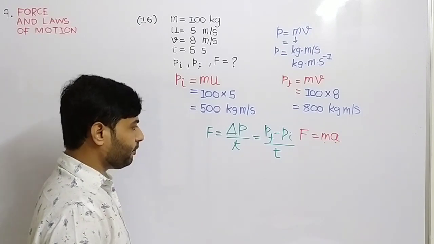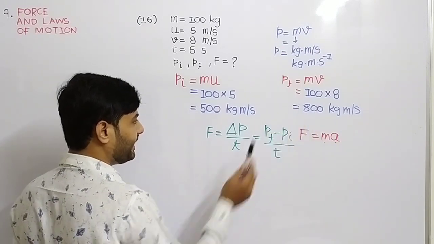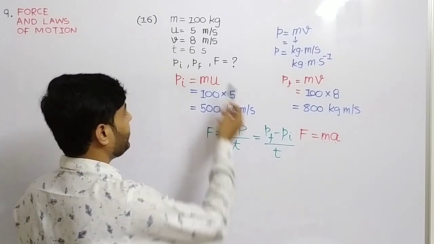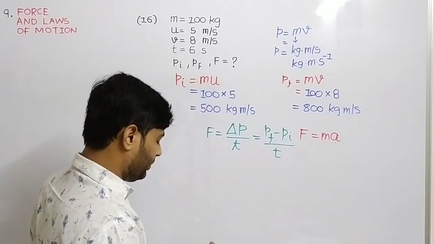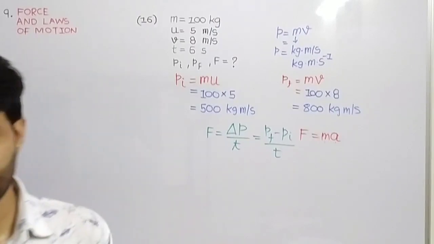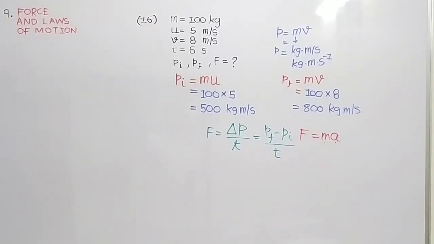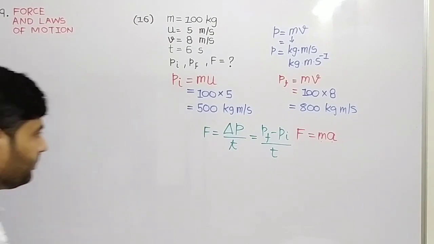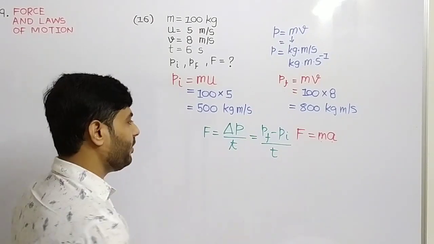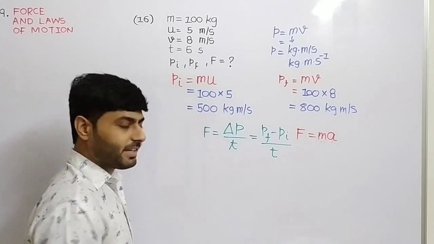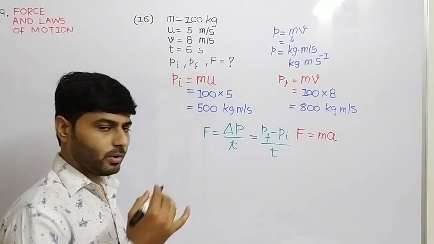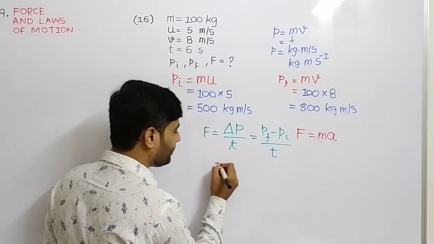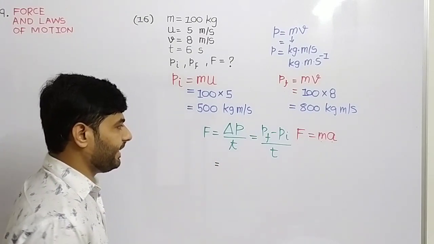Now we have the values of both final and initial. Final is 800, initial is 500, and T we have 6 seconds. So now we have Pf, Pi and T. Let's put the values of the required quantities.